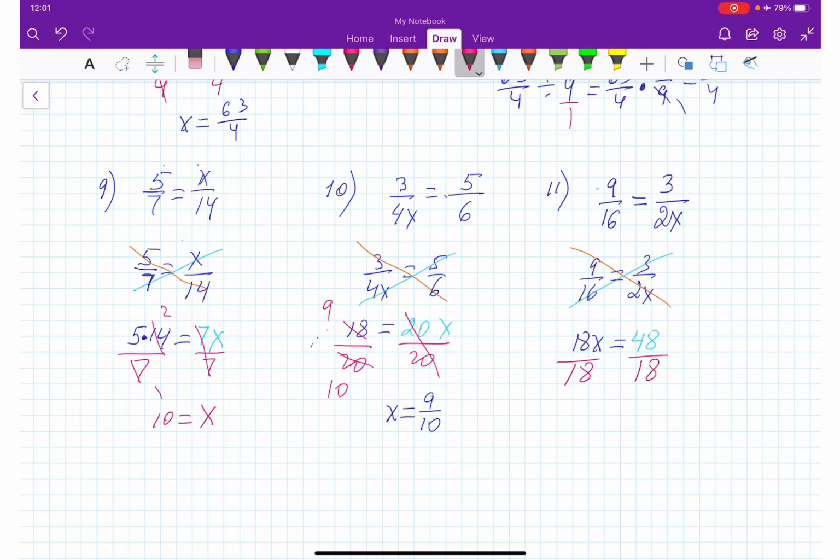So this 18 is gone with this 18, and we are getting 48 and 18. Now I divide by 6. That's what I was doing. 3 comes here, 8 comes here. And we get x is equal to 8 over 3. And we got the answer.